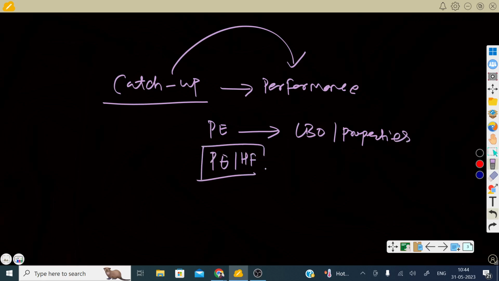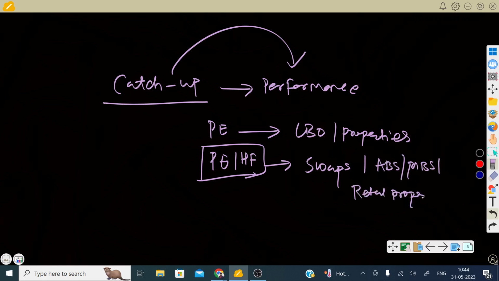So the nature of the fund would be hybrid, which we call. They invest into swaps plus illiquid instruments like ABS, MBS, or any rental properties. In that case, you can charge it as incentive fees.